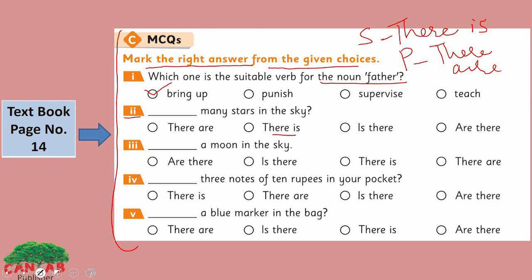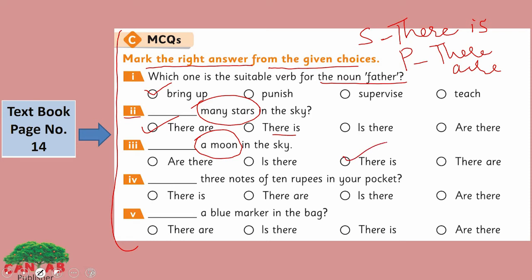So, we have many stars here. This is plural form, so we will choose there are here. Look at the third one. A moon in the sky. Yes, a moon is a singular item here. So, we will choose there is.